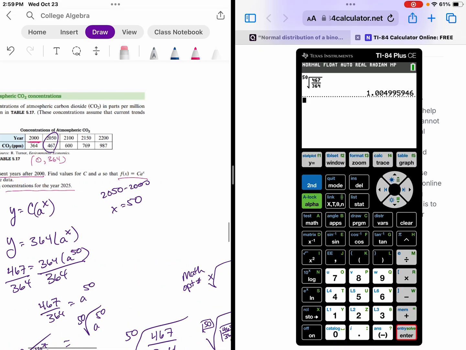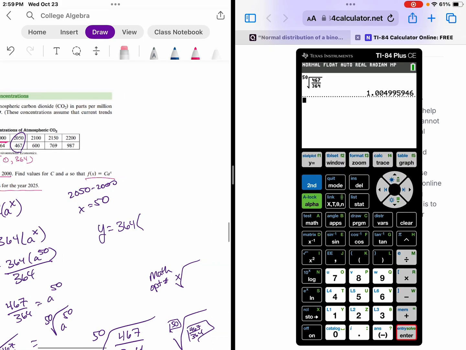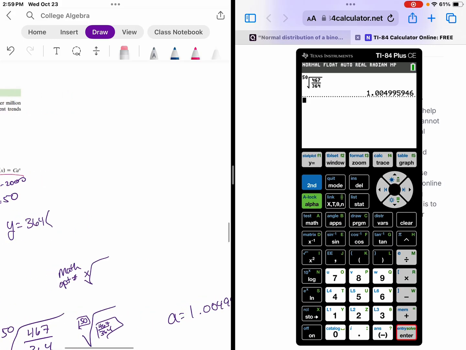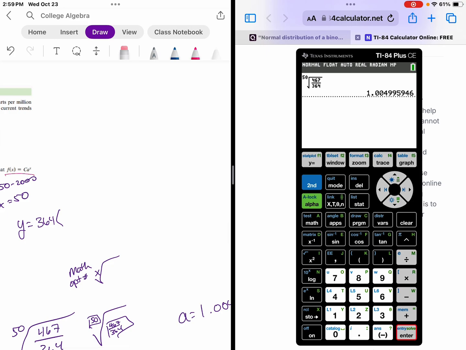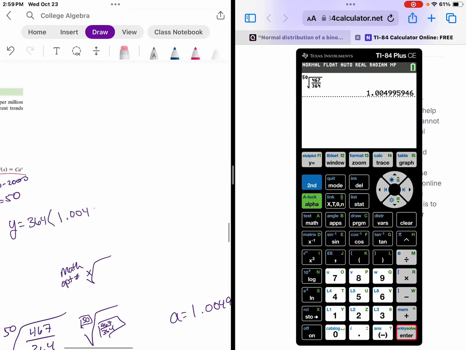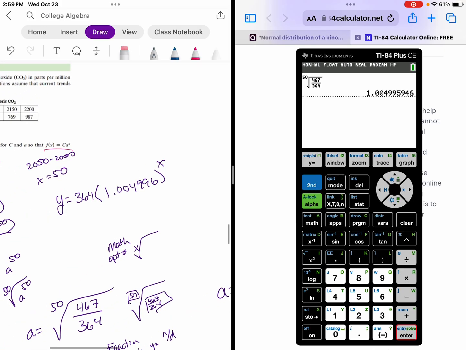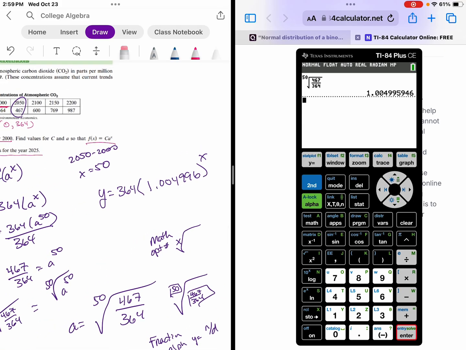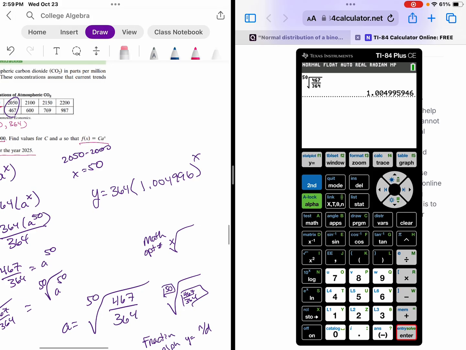As I rewrite this, y equals 364 times, I would at least go to where the 5 is and round the 5 to a 6, 1.004996, and then raise that to the x power. I feel that'll be accurate to enough decimal places based on what they're going to ask us. So then there's our equation.